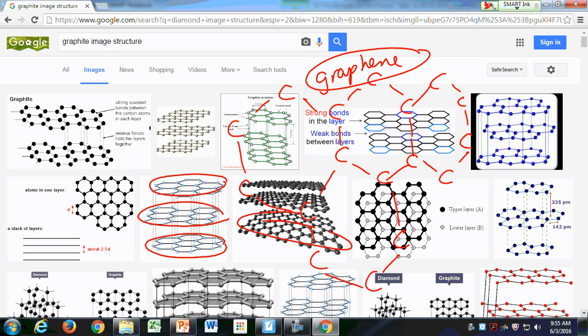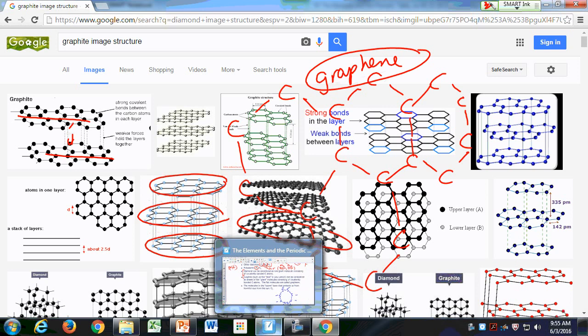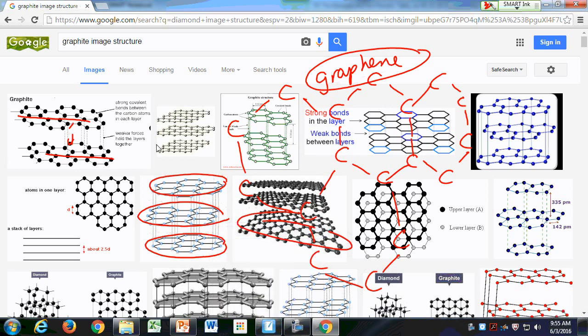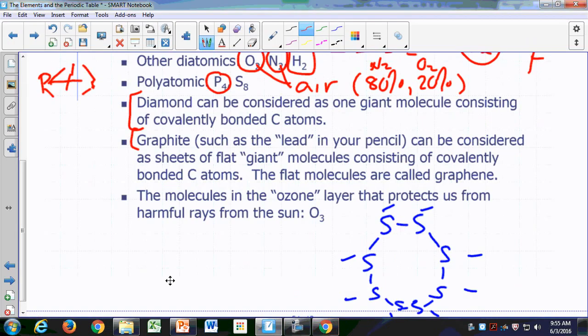This is one graphene sheet, there's another graphene sheet, and there are interactions between these sheets that hold them together. The way your pencil works is when you rub your pencil against paper, you're taking out a layer of graphene and putting it on your paper. And so that's what graphene is.